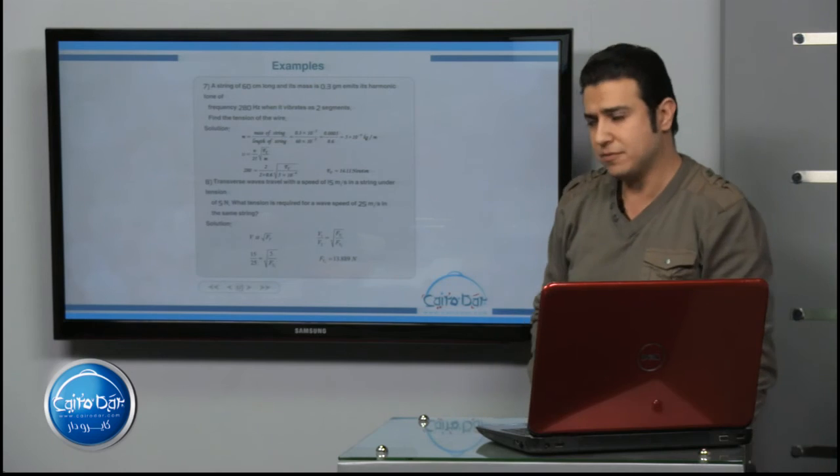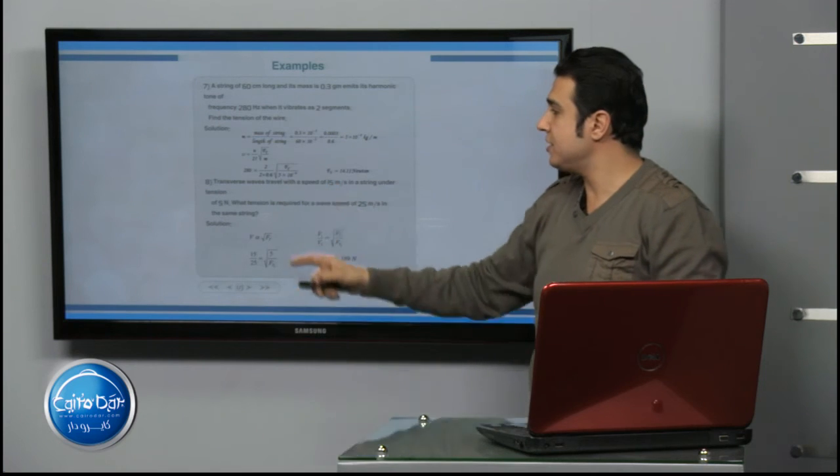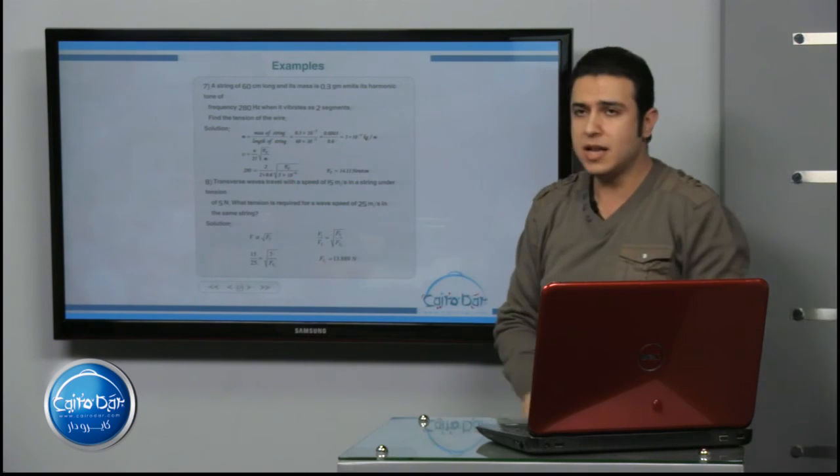So from the relation, nu equals n divided by 2L times the square root of Ft over m. So nu equals 280 hertz equals n, number of segments 2, over 2 times L, 2 times 0.6, since 60 centimeter times 10 power negative 2 to be in meter is 0.6, times square root of Ft divided by 5 times 10 power negative 4, the mass per unit length.